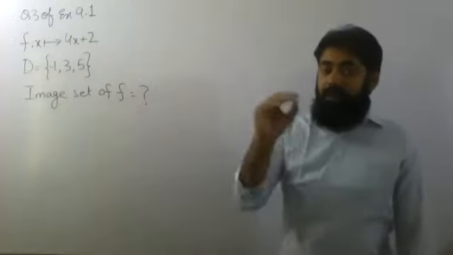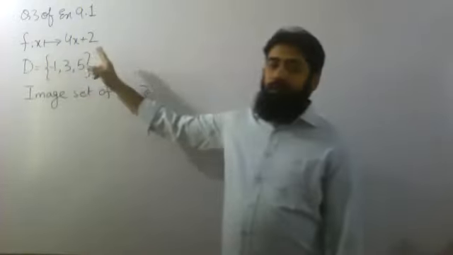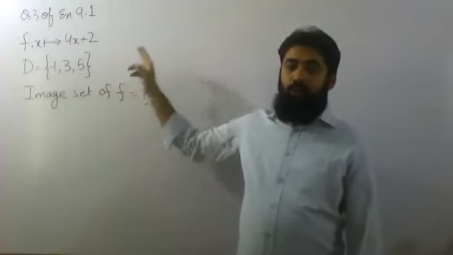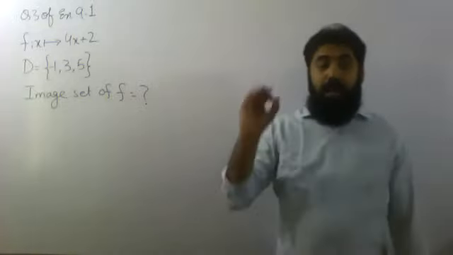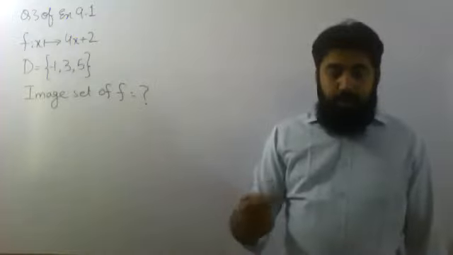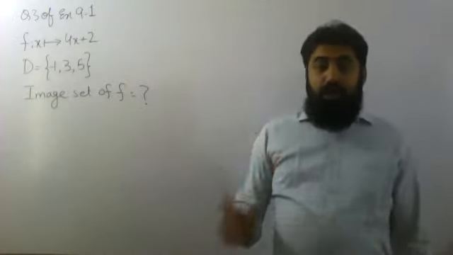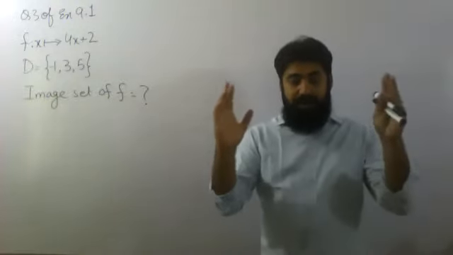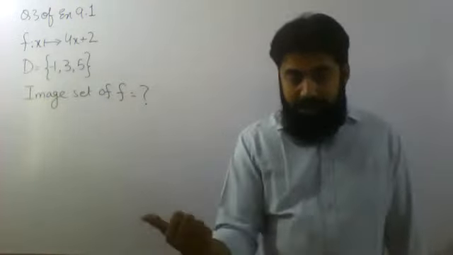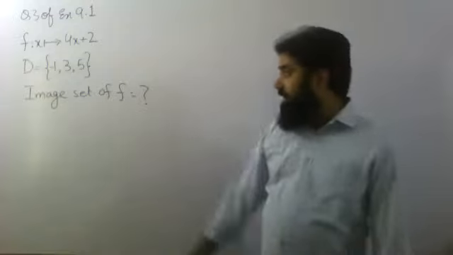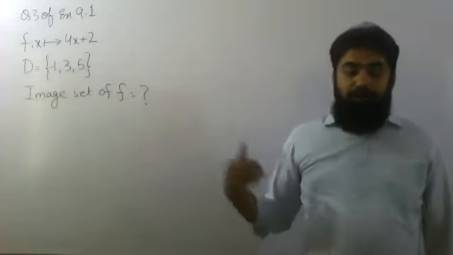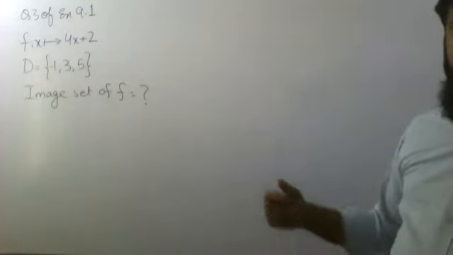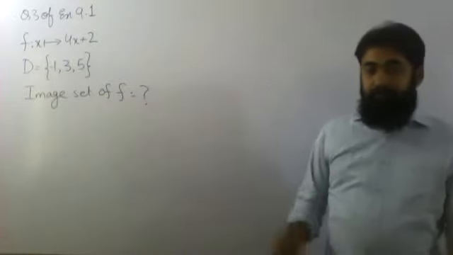But if they had given us -1, 0, 1, 2, 3, 4, 5 in a sequence, then I would have gone with only the smallest and the largest one to find the whole range. Here it is not given in a sequence, it's random numbers, so I'm going to put them one by one.